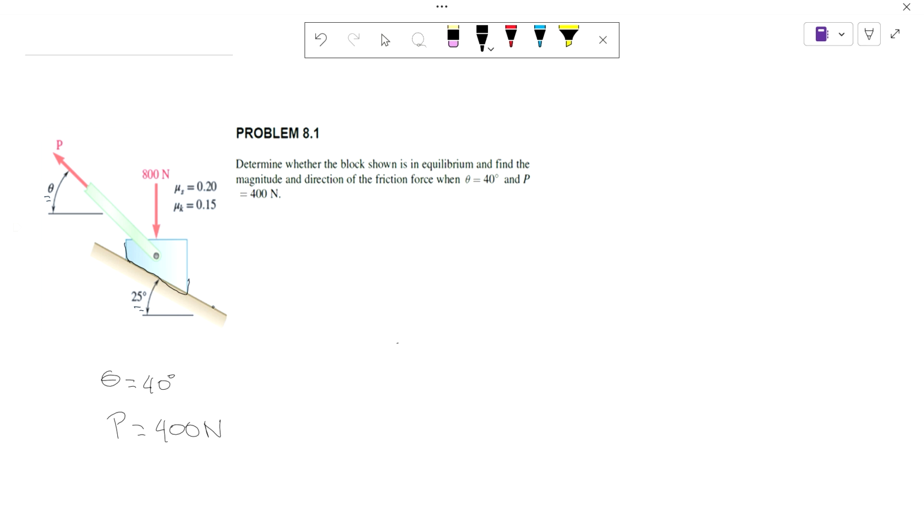All right, so the first thing we need to do is choose our coordinate system.